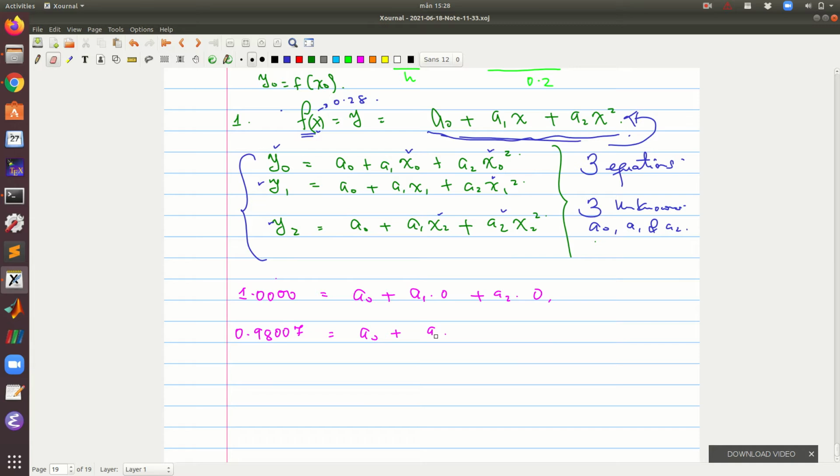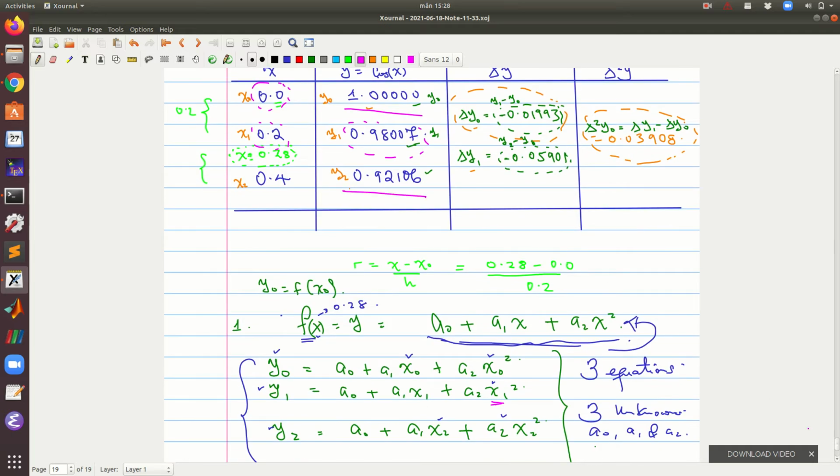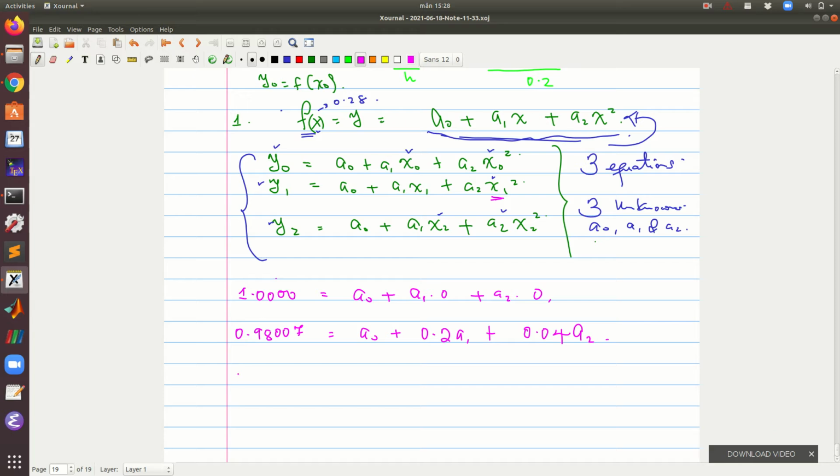So we have 0.2 a1 plus, x1 is 0.2, then you square it, that becomes 0.04 a2. Okay, then the last one y2, that is 0.92106.